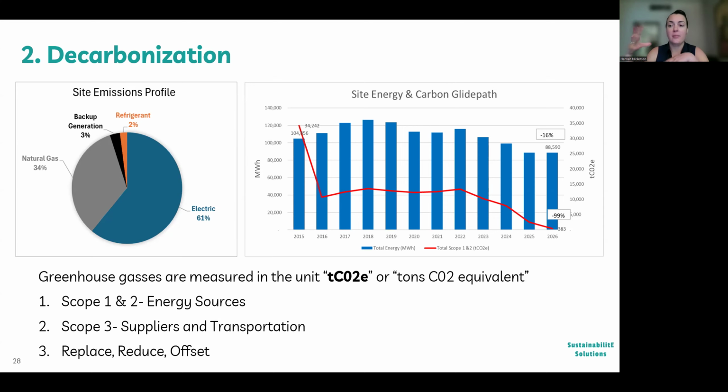To help further break down that footprint and identify areas for reduction, we typically divide your footprint into what are called scopes. And this is from the Greenhouse Gas Protocol, which is the global standard on these accounting methodologies. So we have scope 1 and 2, which is your direct and indirect sources of emissions.